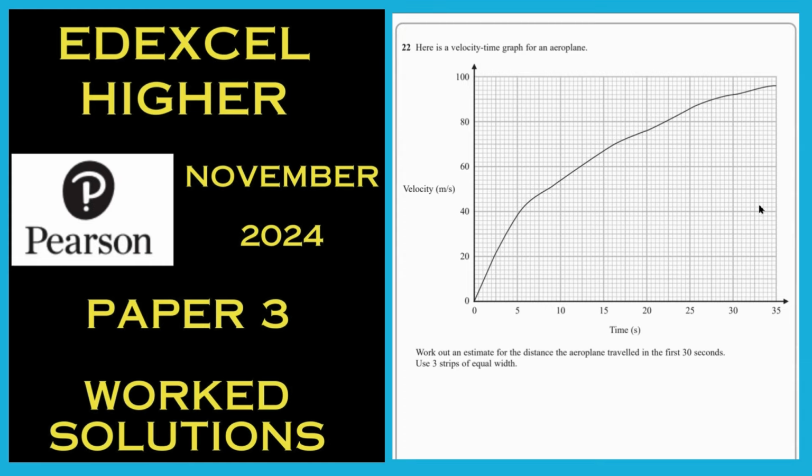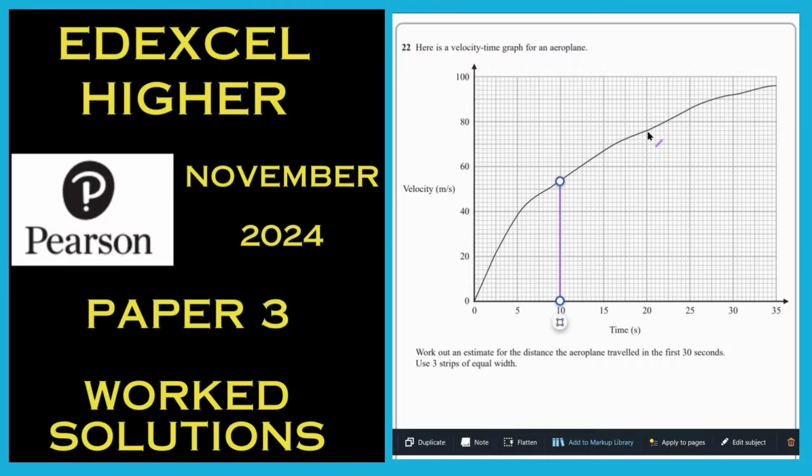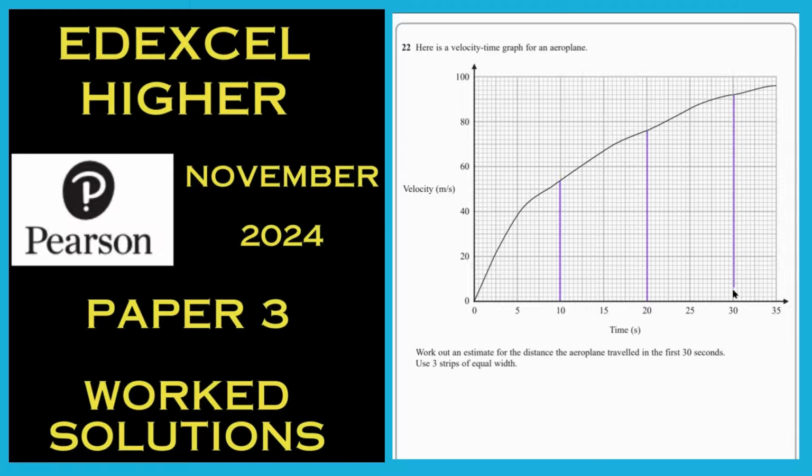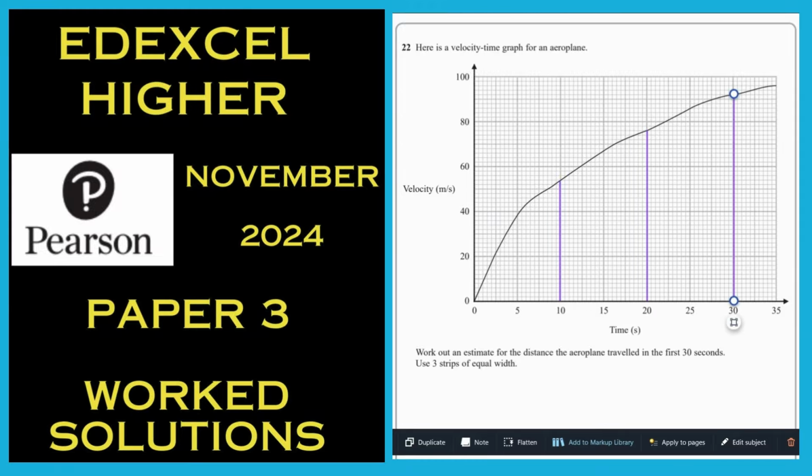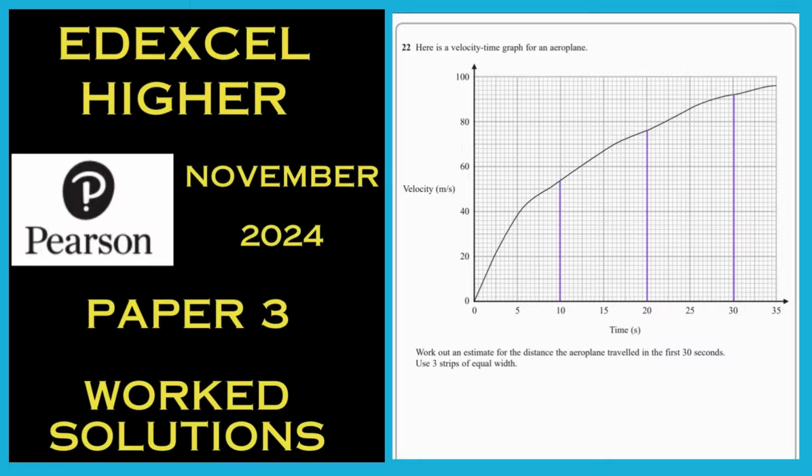Number 22. If we're estimating the area under a curve, 3 strips, 0 to 30, you need to plonk your strips in. They don't need to be perfectly neat. What's most important is that you show the examiner what's going on.